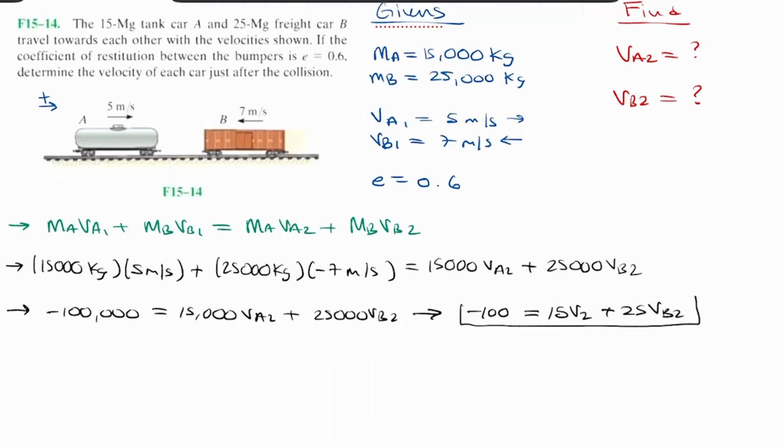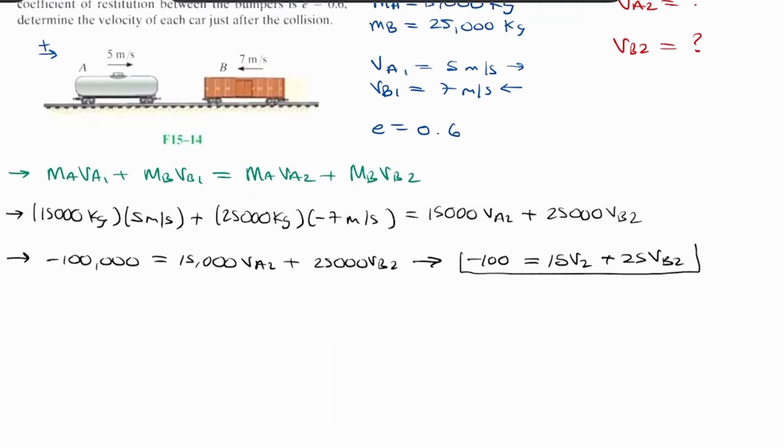Okay, so we have two unknowns, so we can apply the other equation. The other equation comes from the restitution. So we can write here, 0.6 equals VB2 minus VA2 divided by VA1, so that is 5, minus VB1, so that is negative 7.